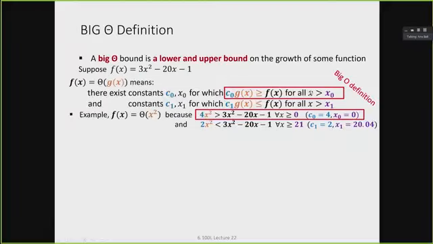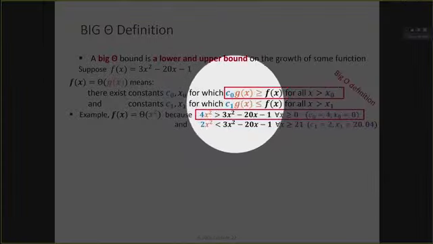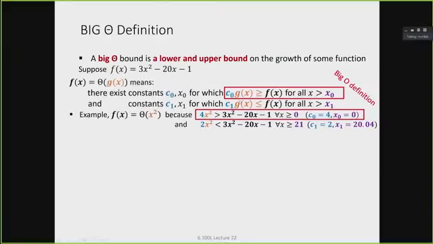So we already know what that means. All we're going to do is tack on another condition, which is that we can find another constant for that same g, where that function, beyond some crossover point, is always below my blue line.